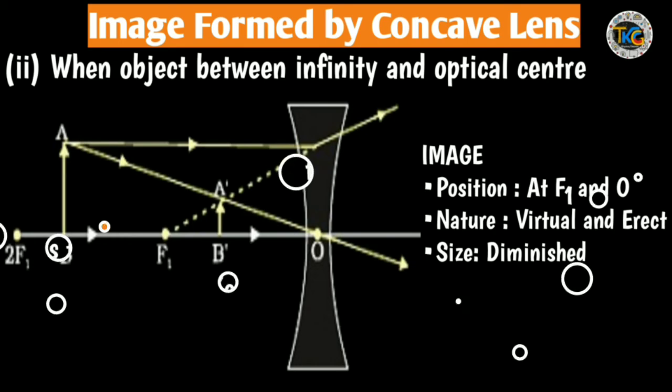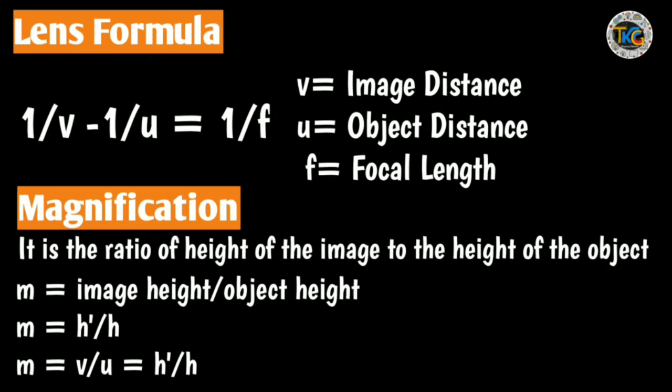Okay, now we have to study some rules. At first we have to study the lens formula. So what is the lens formula? In the previous class we discussed the mirror formula. The lens formula is the relation among object distance, image distance and focal length. All of you know what object distance, image distance and focal length are.